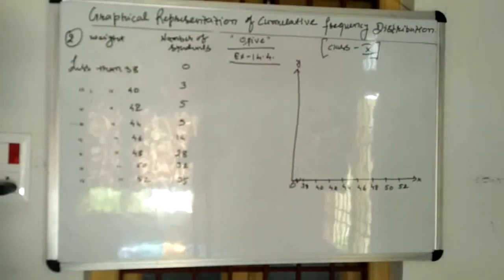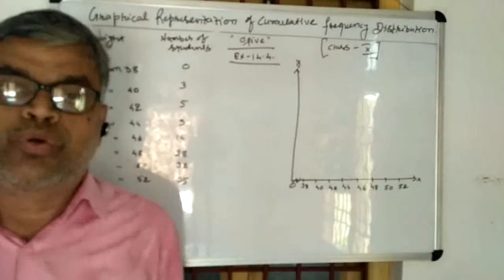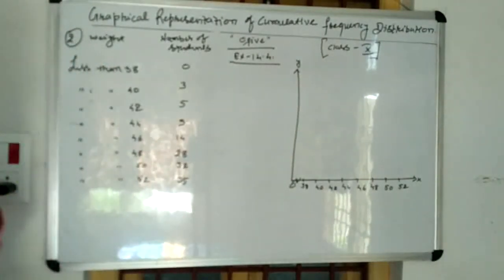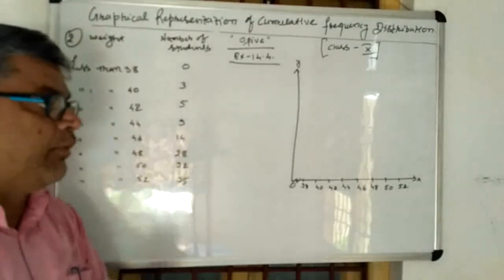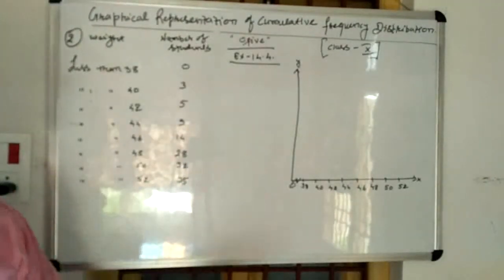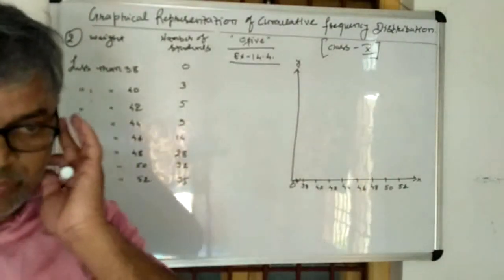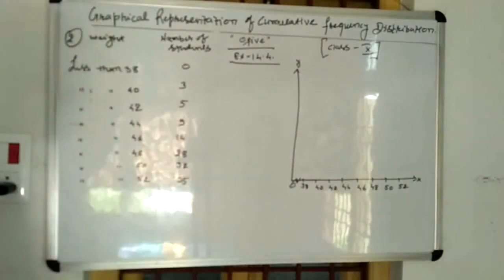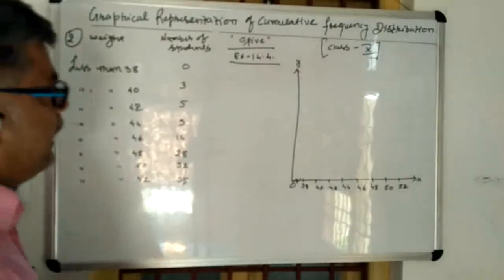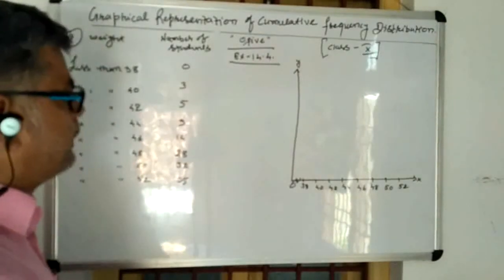52 is the last. You may write the scale of the graph also, as you did previously while drawing the graph of a linear equation, where one unit equals how much. On the y-axis, you have to write the cumulative frequency.